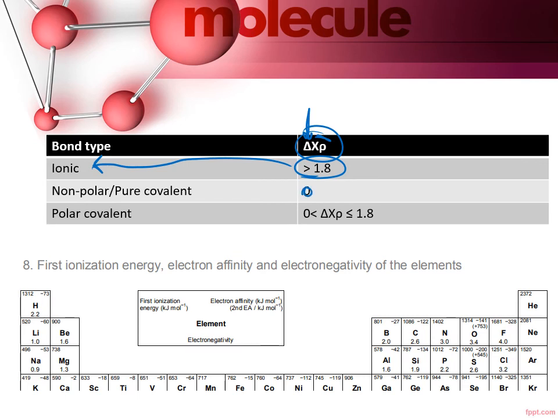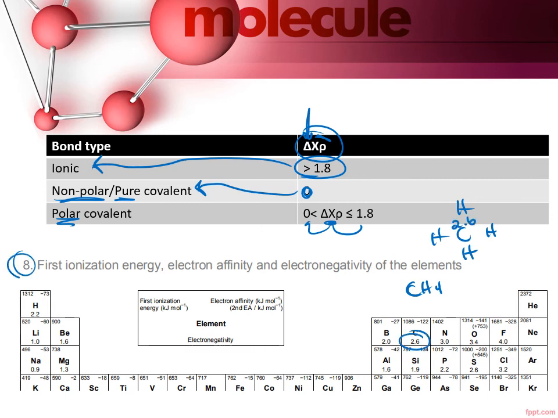If there is no difference between the electronegativities of the two atoms in the bond, then it's going to be a nonpolar covalent or a pure covalent bond. Polar covalent bonds form if I have an electronegativity difference that's between 0 and 1.8. So if I'm looking at carbon and hydrogen, carbon's electronegativity is 2.6.